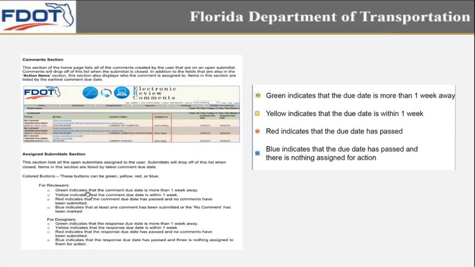Yellow indicates that the due date is within 1 week. And red indicates that the due date has passed. And blue indicates that the due date has passed and there's nothing assigned for action. So again, part of the beauty of ERC is that now ERC is the middleman, and it simplifies the communication to all parties with these simple colors: green, yellow, red, and blue.